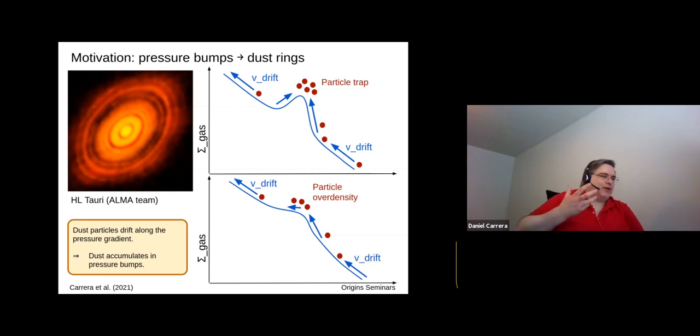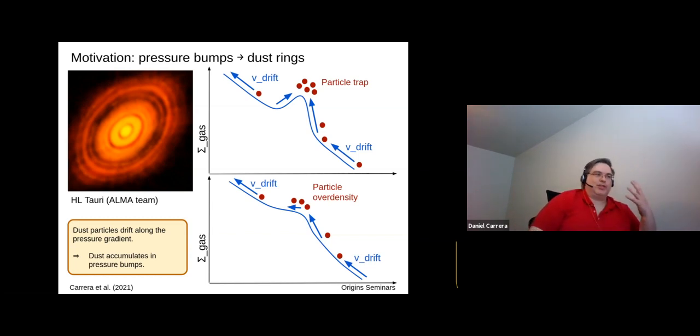If you think of a traffic jam on the highway, typically the cars aren't stopped, they're still moving. A traffic jam is simply a localized overdensity of cars caused by a region of slow moving cars. And a similar effect can still cause this kind of ring.